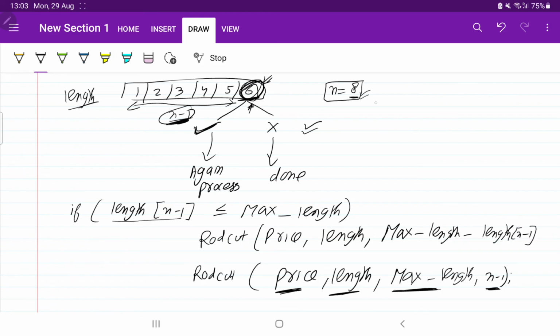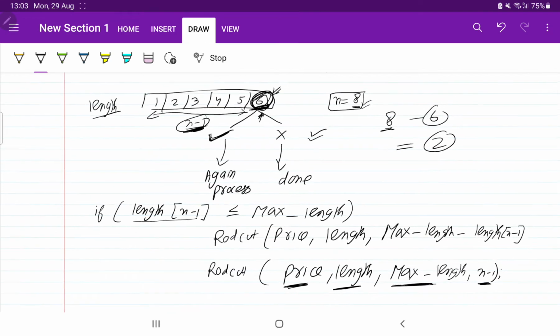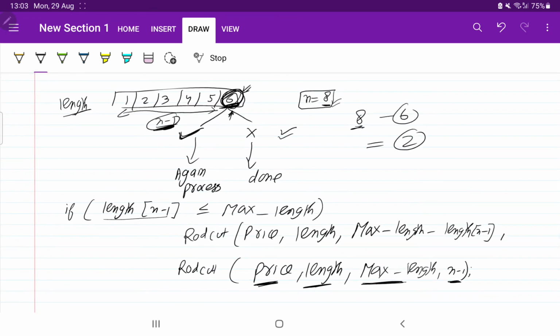Okay, if you have maximum length is 8 and if you have taken the decision that we should take 6, so now maximum length will become 2. It is max length minus length of n minus 1. And now tell me that we have chosen that 6 should come. So we can again process this. So the size of array will decrease or not? No, it will not decrease. Right? The size of array will not decrease. So here it will be n only because we can again process this.